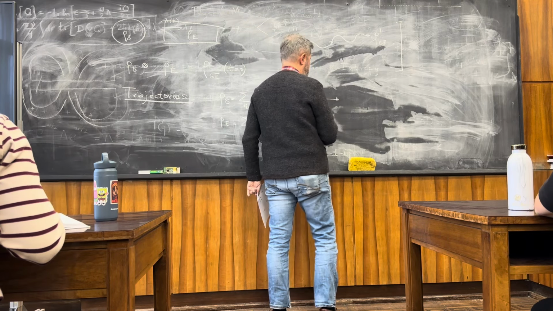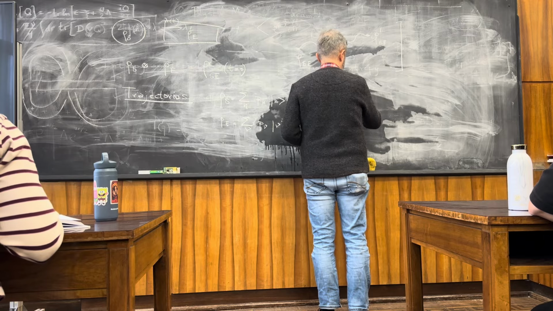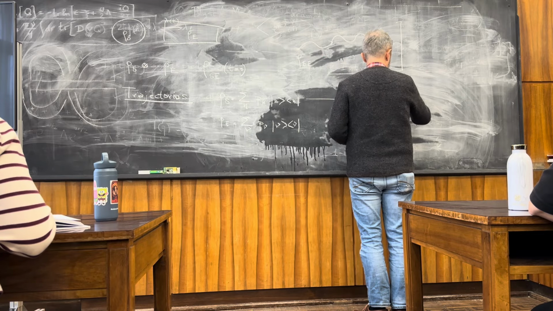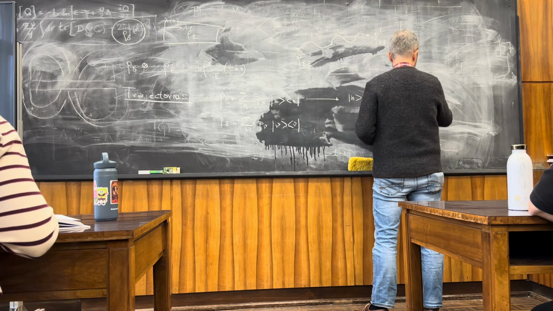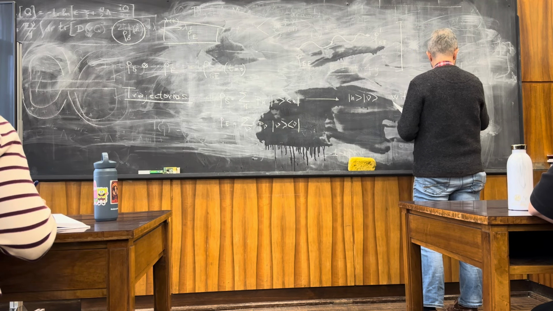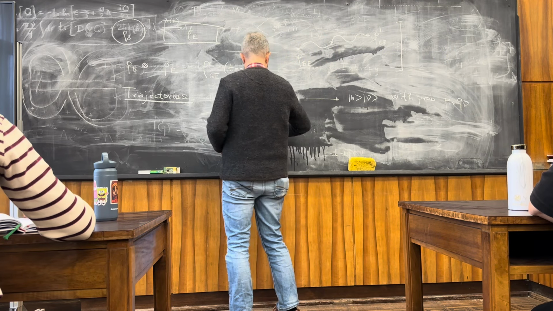So the first measurement will give me the system in state n, mu with probability q.